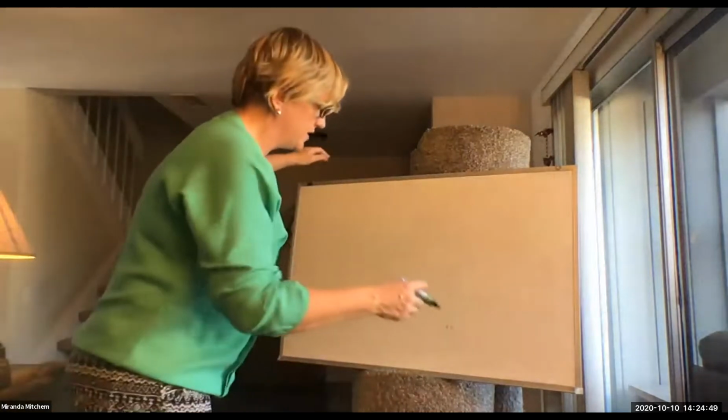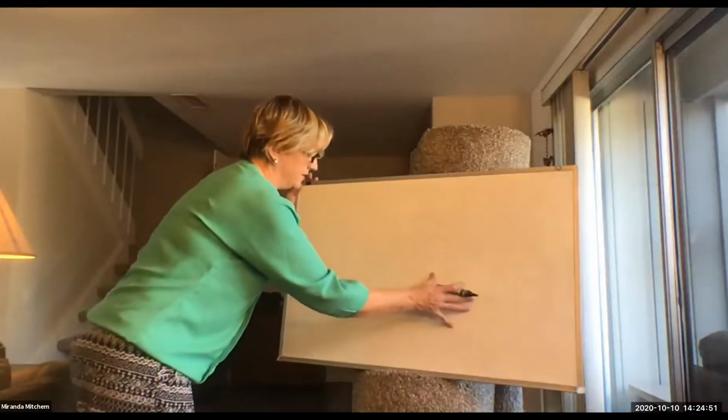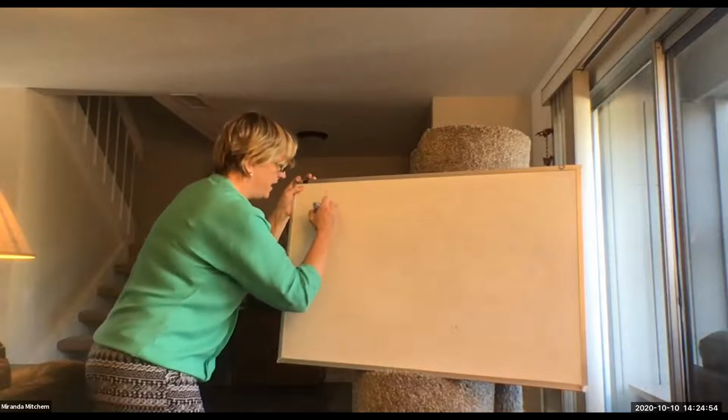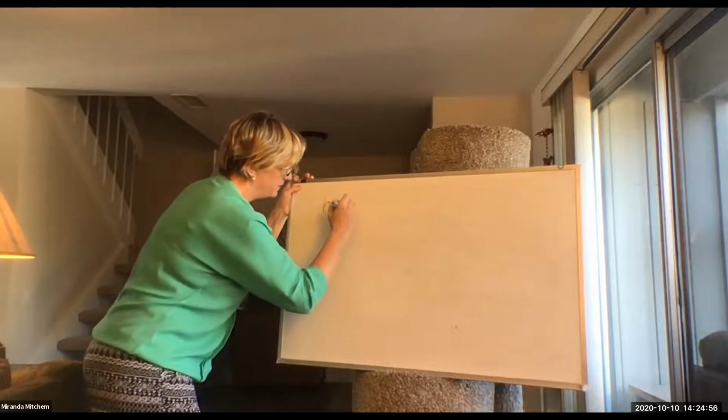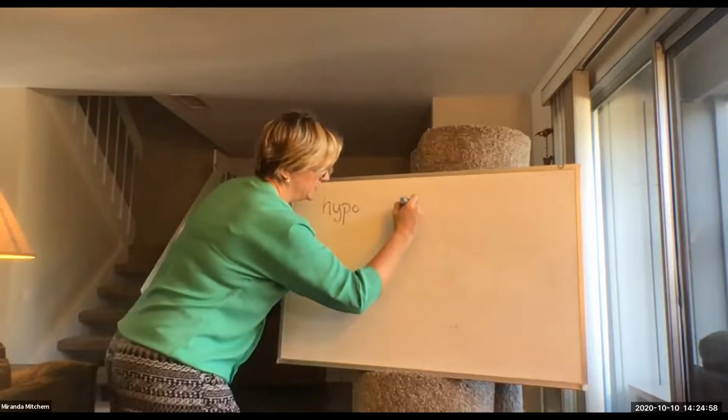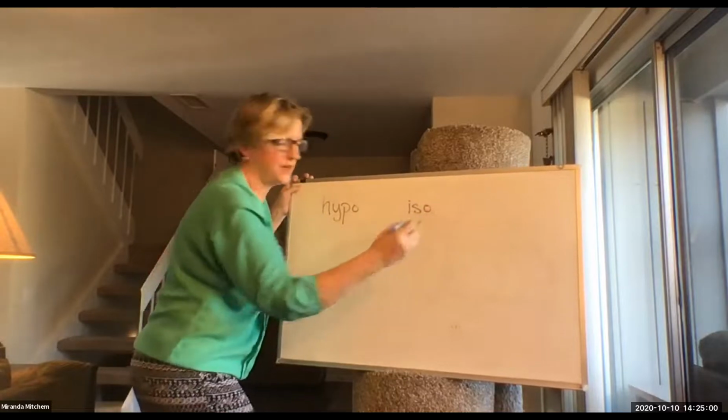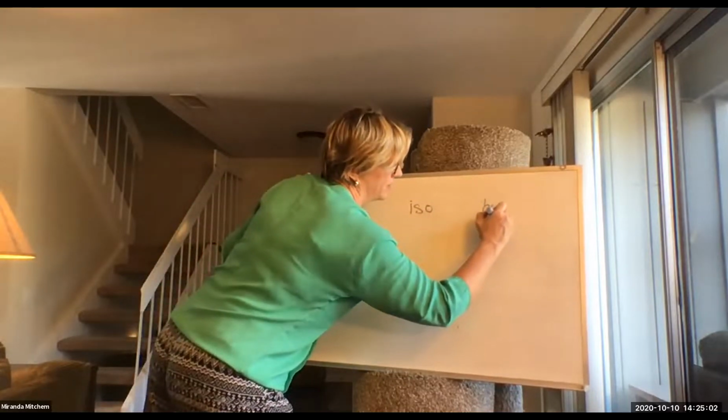Okay, I'm gonna bring this closer to you as soon as I get it all drawn out, but we've got our hypo, the iso, and now the third condition is the hyper.